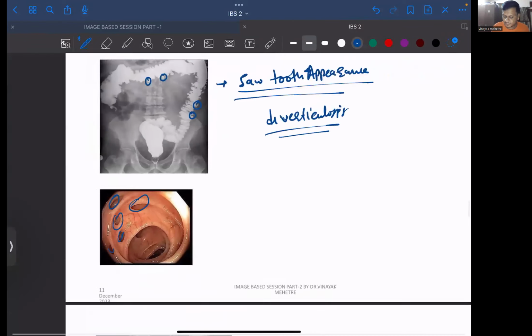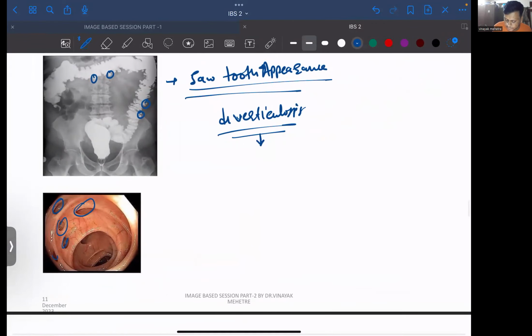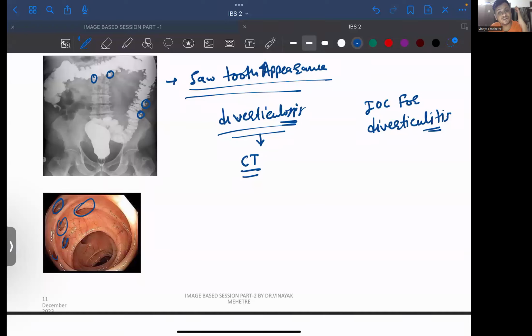Investigation of choice for diverticulosis and investigation of choice for diverticulitis. Osis means infection, outpouching. The investigation of choice is going to stay CT scan. But what has happened? Itis means inflammation of that diverticula.